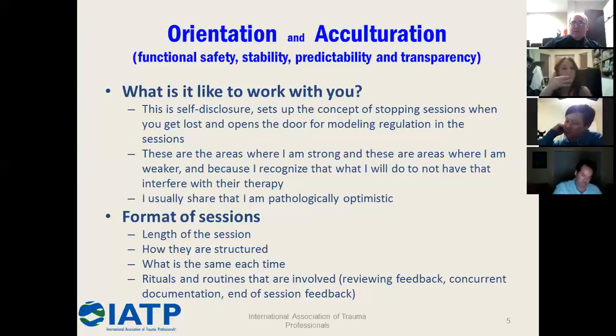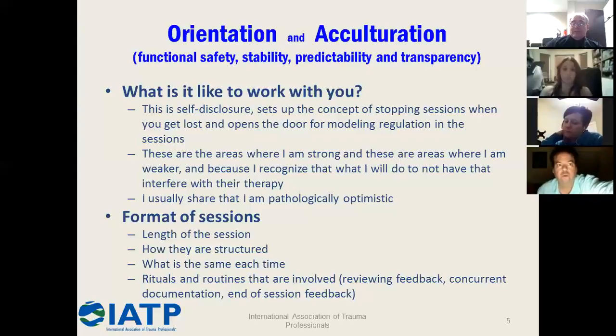You can also address, these are the areas that I'm strong and these are the areas where I'm weaker. And because I recognize the areas that I'm weaker, then what I'm going to do is make sure that I really focus on not letting those areas of weakness interfere with your sessions. And I don't know if you can appreciate that if you haven't done that with a client, watching them kind of relax when you say, you know, I'm pretty fallible.